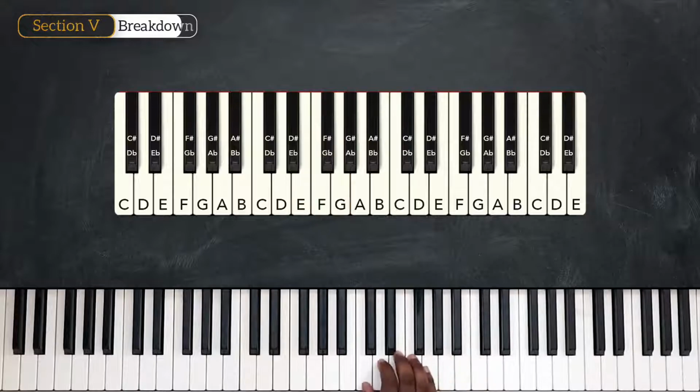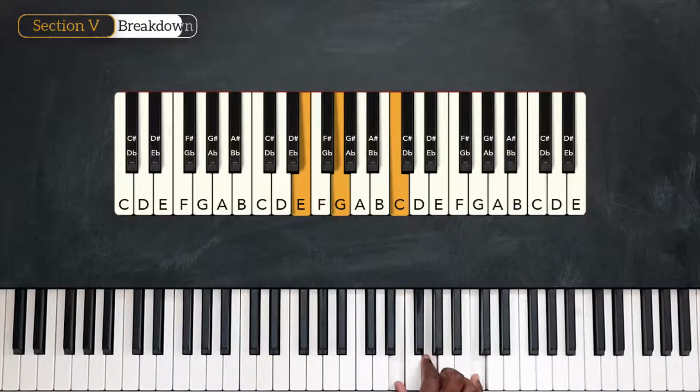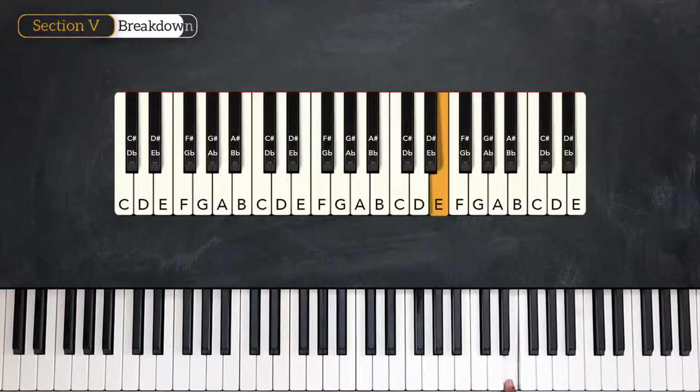So that's a C major chord, but now E is at the bottom. And by doing that, we created the C first inversion, C major first inversion. Let's do it again and take E up here, and play this. Now we're playing G, C, and E. And that position is the C major second inversion.